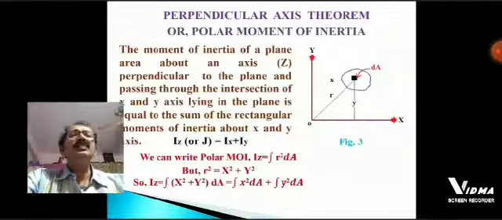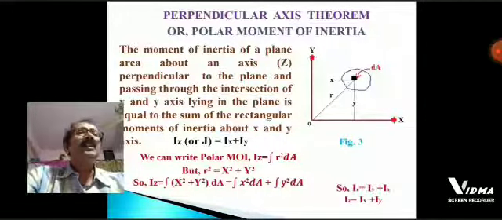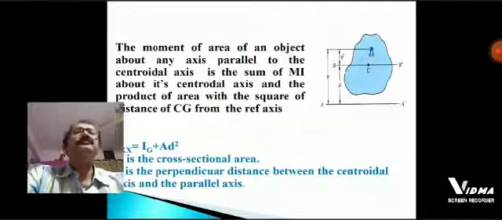Now r square is nothing but x square plus y square. So Iz equals integration of x square plus y square dA. If we split the term, it is integration x square dA plus integration y square dA. So Iz equals Iy plus Ix, that is Iz equals Ix plus Iy.